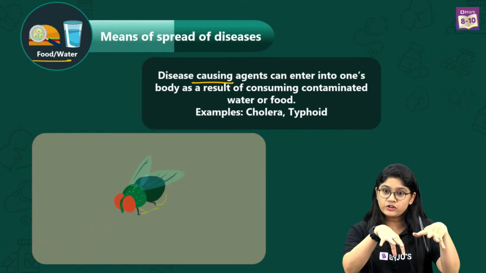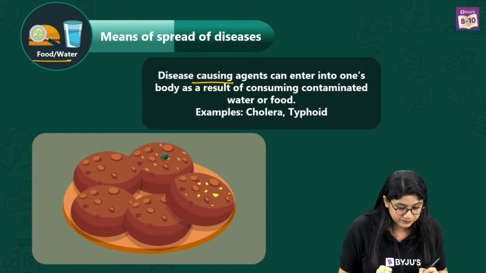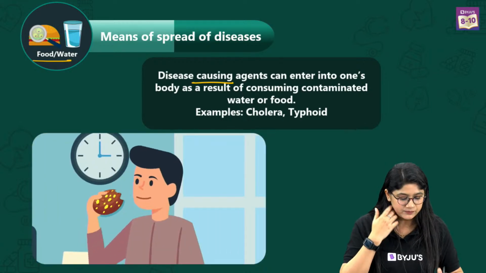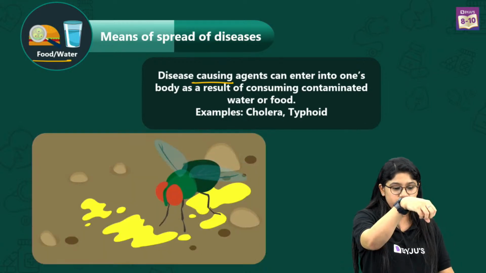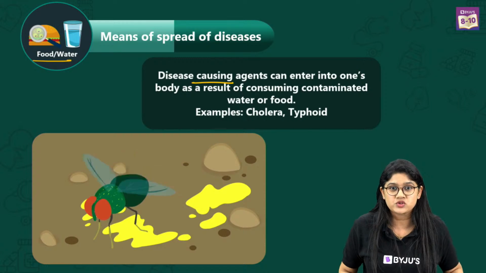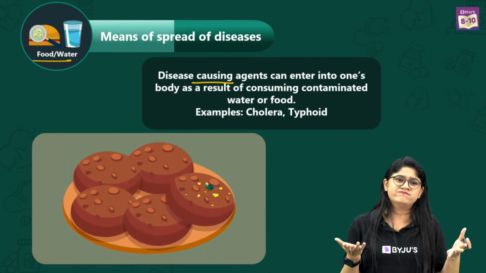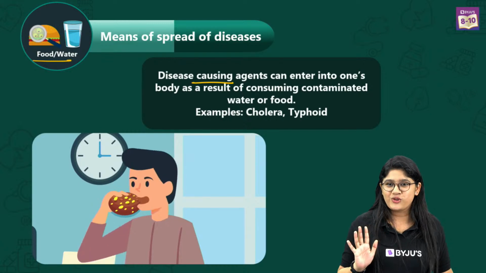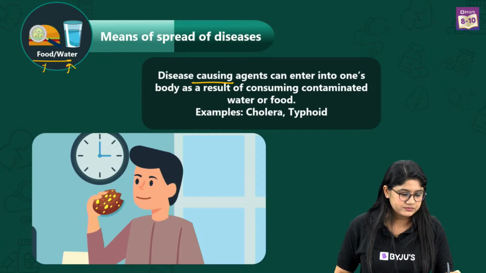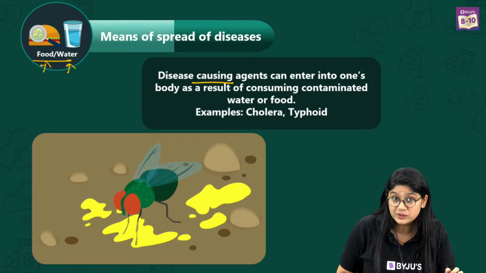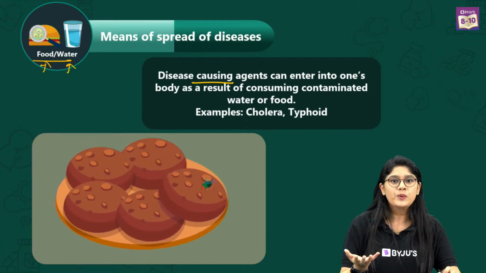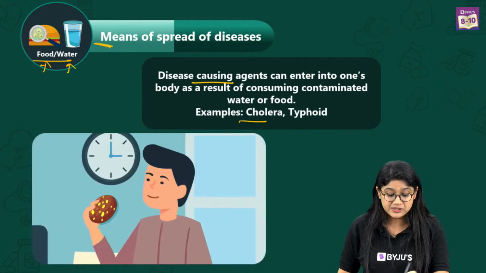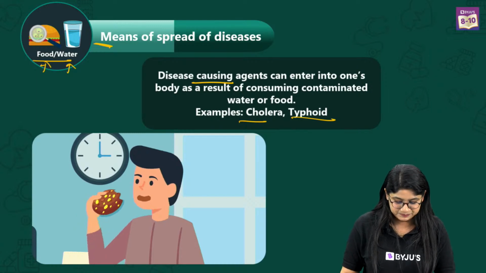It will be sitting there to get the food, and the pathogens stick to its legs. If it sits on our food, the pathogens are over there, and if we eat it, we'll get the disease. Easiest of all. Same goes with the water. If the water is contaminated with the pathogens, and if we drink that water, we'll get the disease. So over here, we talked about food and water. Examples are cholera and typhoid.